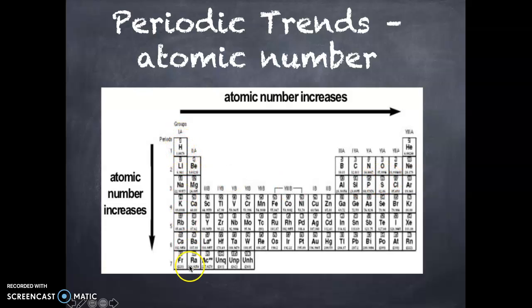So between going down and to the right, the largest atomic number is going to be over here. This is an older periodic table, but it would be atom 118, because the larger the atomic number, the further over to the right it is going to be.